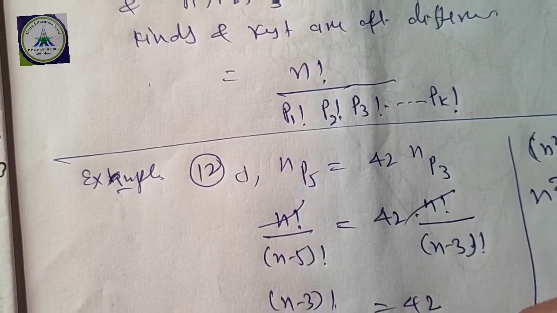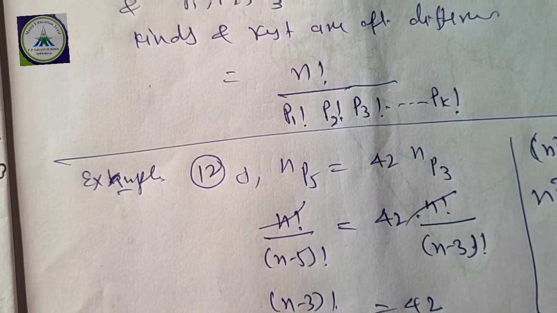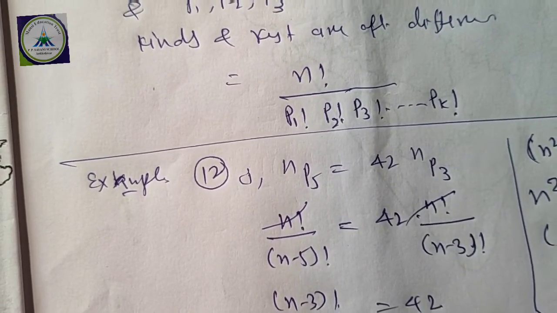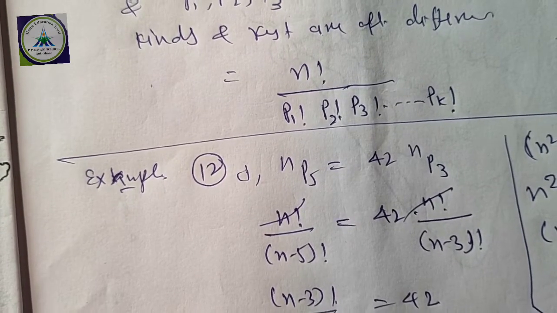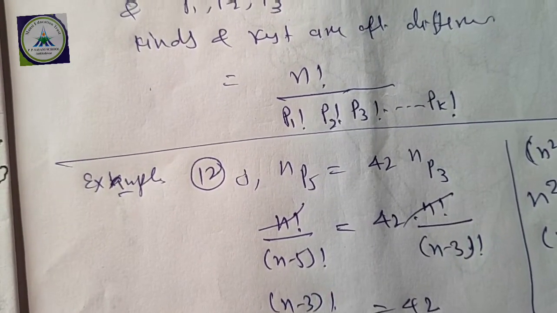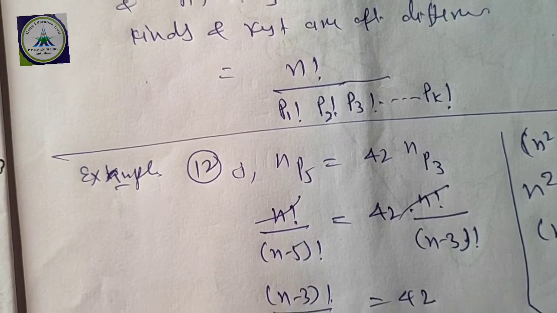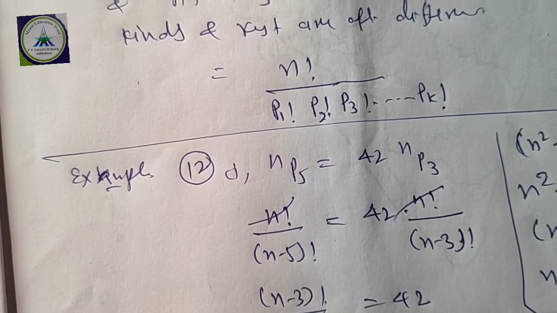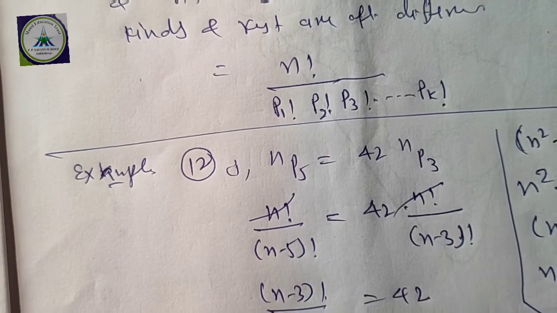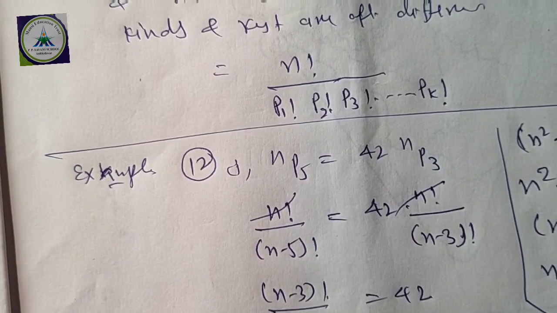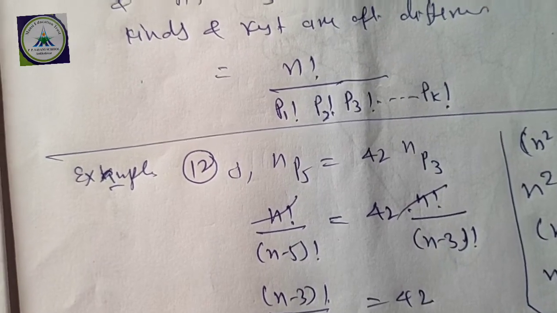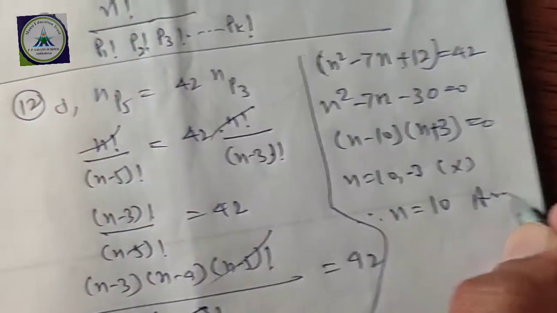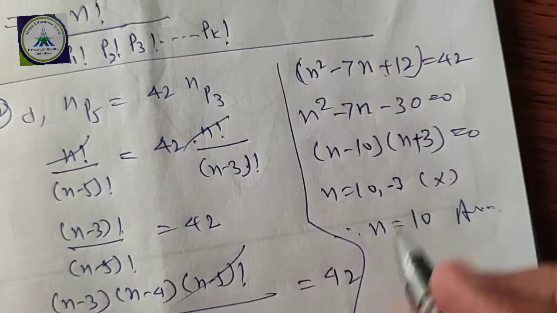Then n squared minus 7n minus 30 equals 0. Factorizing, n minus 10 times n plus 3 equals 0, so n equals 10 or n equals minus 3. Minus 3 is not valid, so therefore n equals 10. That is your answer.